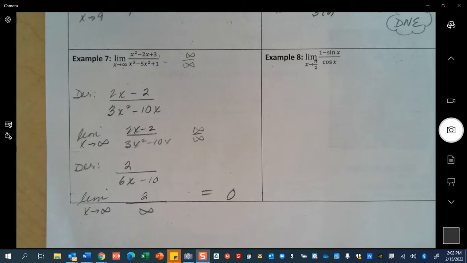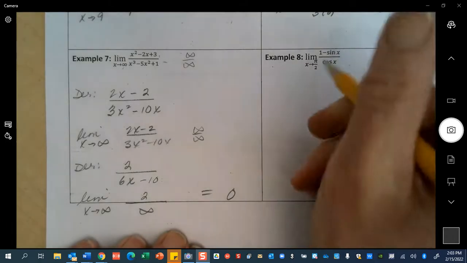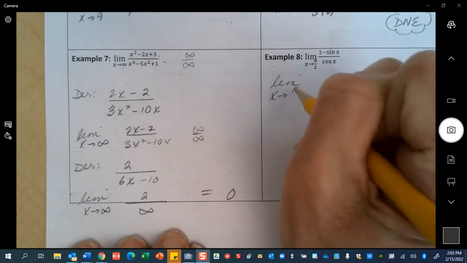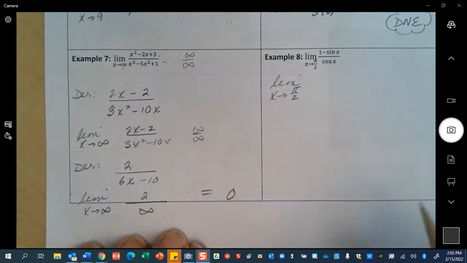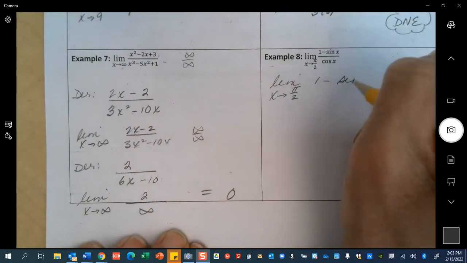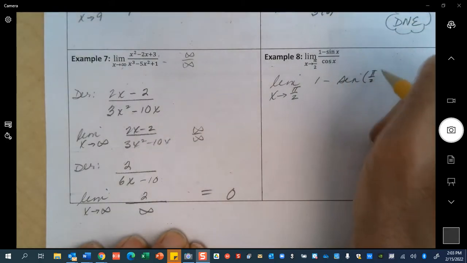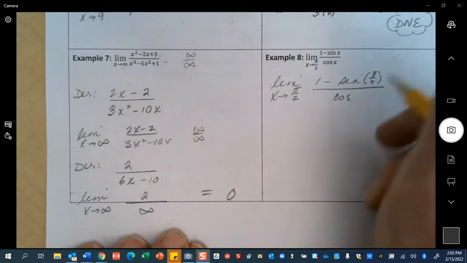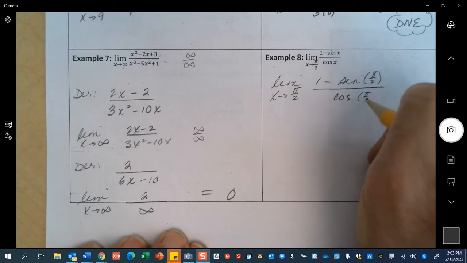All right, let's do this last one, and then we can play a game. My goal was to make sure we got through today's notes. So far, so good. All right, so the limit as x approaches pi over 2 of 1 minus the sine of x over the cosine of x. I have 1 minus the sine of pi over 2 over the cosine of pi over 2.